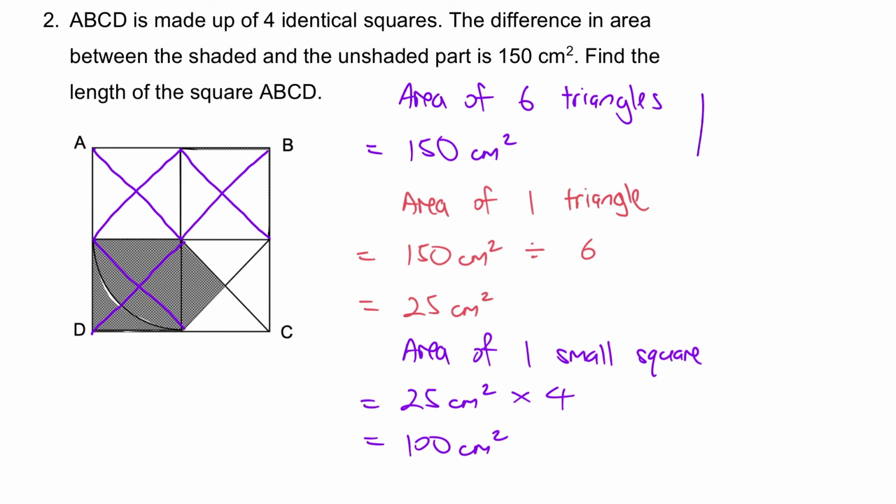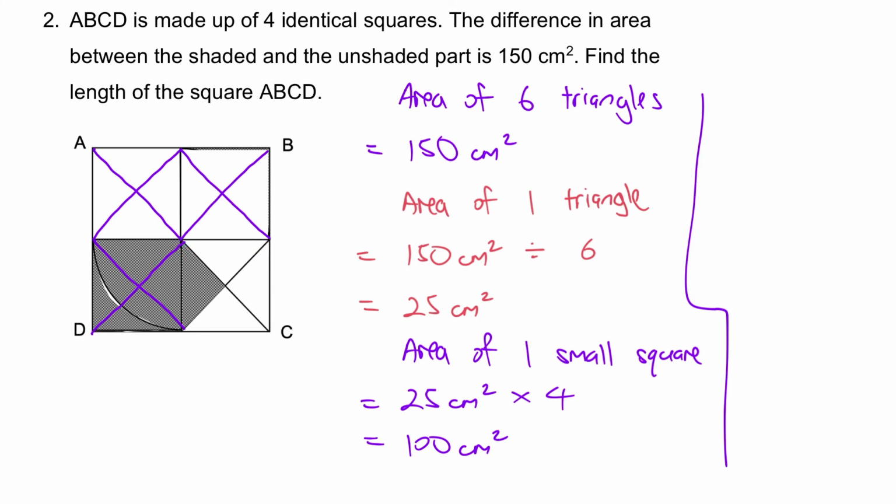Okay, and over here, so if this is 100, can we figure out what this length is? And from here we just need to multiply by 2, isn't it? So we know that if this is 100, the only way that this length times this similar length can give you 100 is that this must be 10 centimeter.